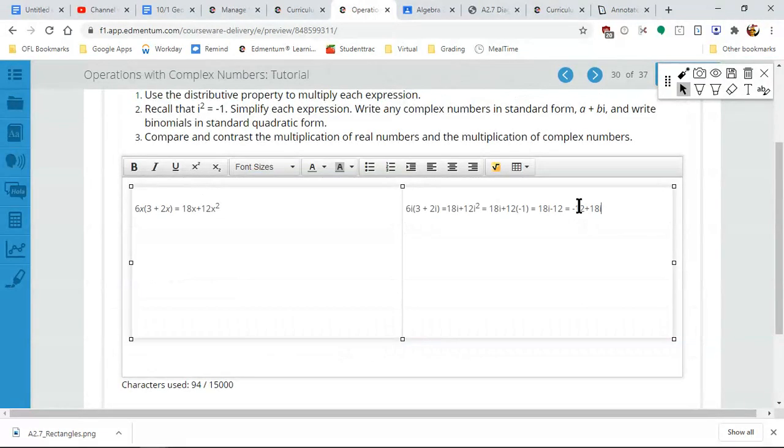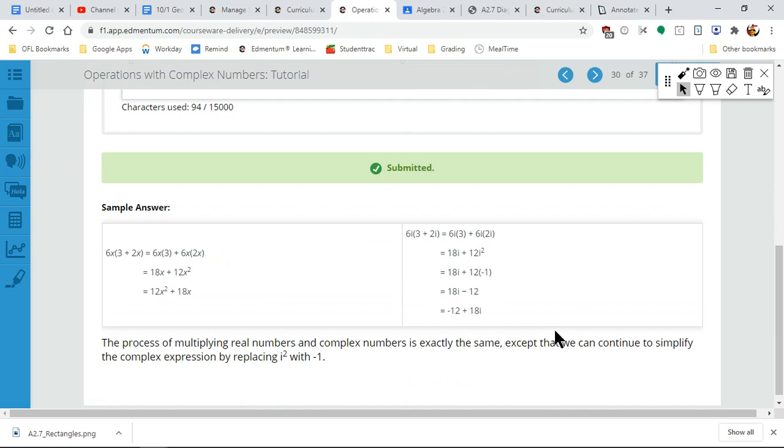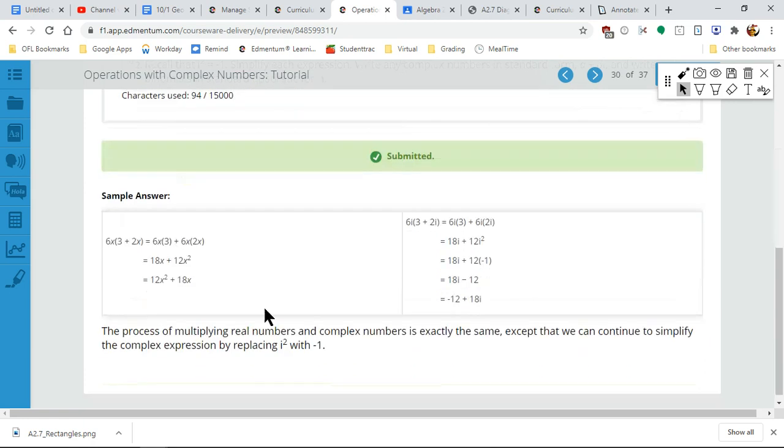So our answer would be -12 plus 18i, because we always want to get rid of our exponents with i's. There's just no purpose of having exponents with i's. You might as well reduce it to either i, -1, -i, or regular +1. And then, oh, they showed the steps going down. Oh, and then they put them in order. I forgot to put these in order. But there you go.